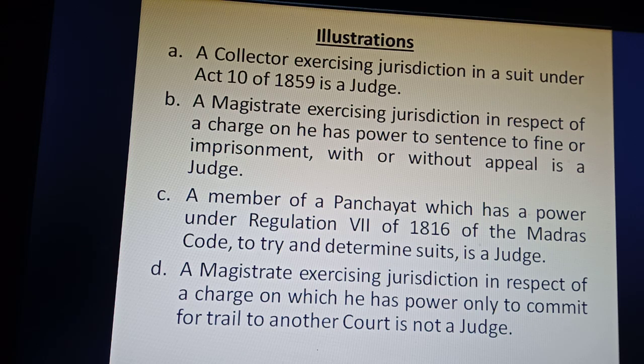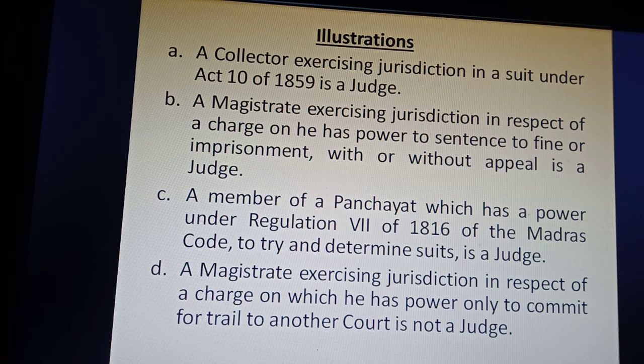It will be a judgment which is to be delivered by the collector. At that time the collector will be regarded as a judge, although the collector is officially not known as a judge. So the first category is a collector exercising jurisdiction in a suit under Act number 10 of 1859 is a judge.